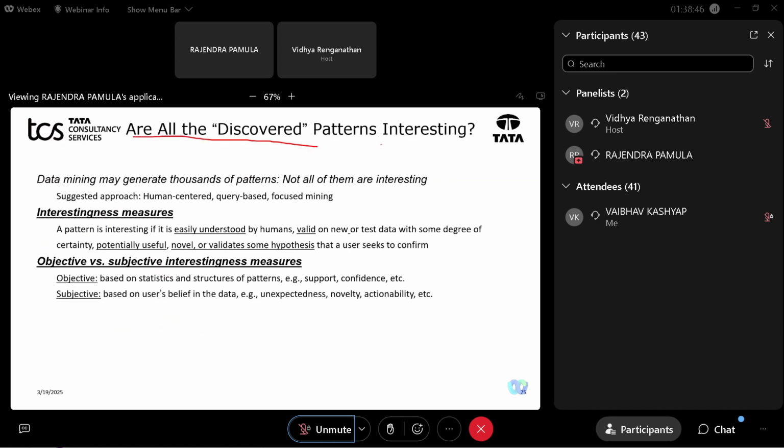Are all the discovered patterns interesting? Now the biggest question is: you are trying to do analysis using a data mining technique, and the technique that you are going to use will produce a model, and this model will be useful somewhere or other. But the question here is whether the discovered model is interesting or not. And how do you measure interestingness?